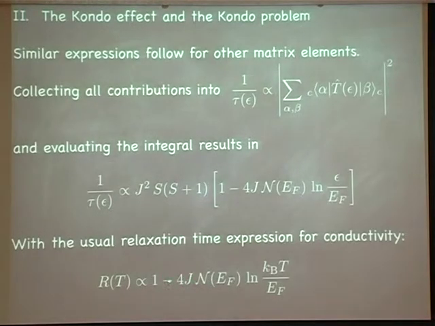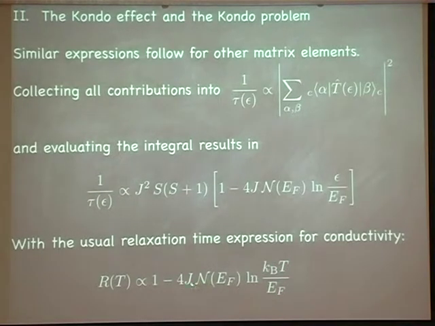So if J is negative, and T is small enough, then log is negative, so we have altogether a positive, no, it's right, sorry. If J is negative, we have a positive sign here, the log gives us a negative sign, so it's 1 minus something, and this as a function of temperature goes down. So nothing happens. However, if J is positive, then we have a minus J times log of k_B T divided by E_F.